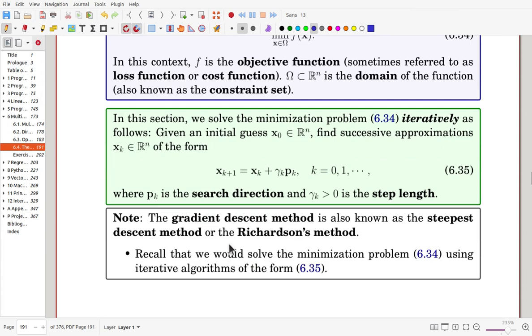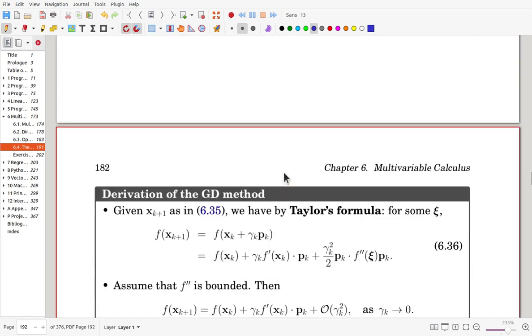The gradient descent method is also known as the steepest descent method, or sometimes it's called Richardson's method. For this type of iterative algorithm, we try to derive the gradient descent method here.